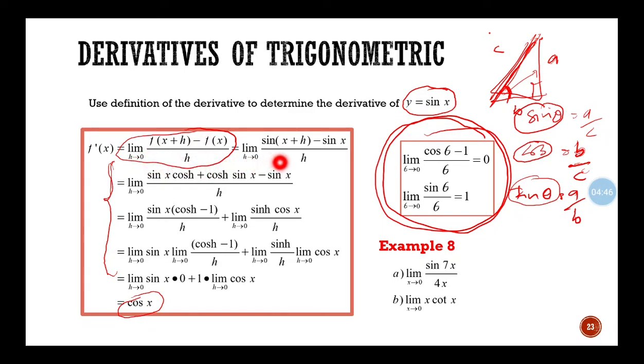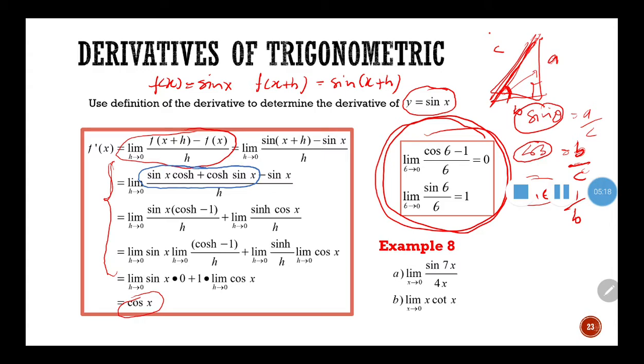For this case, our function f(x) is sine x. So that's why f(x + h) is of course equal to sine (x + h). So we have sine (x + h) minus sine x over h. And then from here, how do we get this?